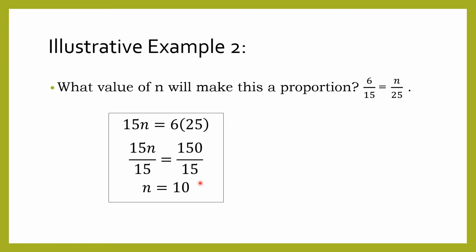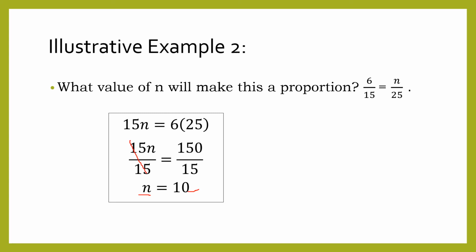Now, to separate n from 15, we are going to divide 15 both sides. So 15n divided by 15, the answer would be n, and 150 divided by 15, the answer is 10.